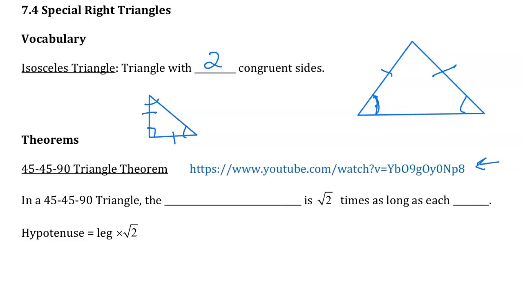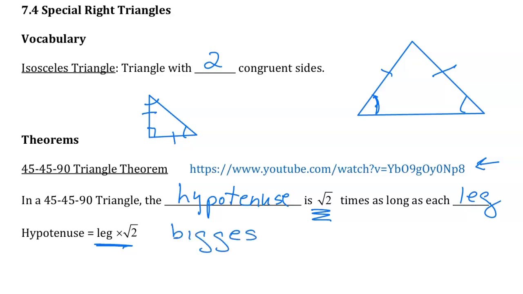Okay, in a 45-45-90 triangle, the hypotenuse, which we know is the longest side across from the right angle, is root 2 times as long as each leg. So that means the hypotenuse is the biggest. Okay, we already knew that.